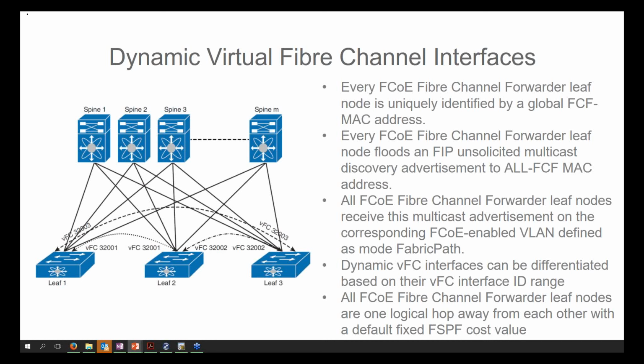A dynamic virtual Fibre Channel interface acting as a VE port is going to be created between the two Fibre Channel Forwarder leaf nodes. Then the dynamic virtual Fibre Channel interfaces are going to be differentiated based on their interface ID range. And then all Fibre Channel Forwarder leaf nodes are going to be one logical hop away from each other with a default FSPF cost value.